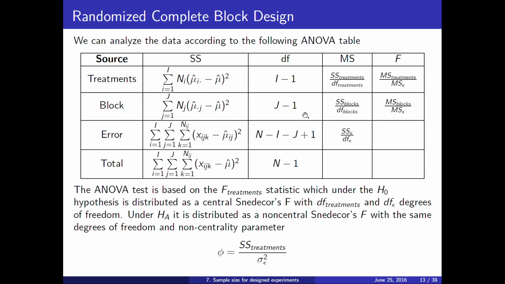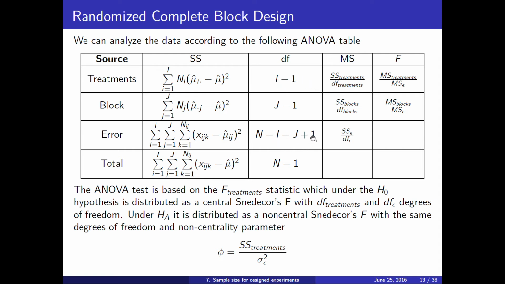And when we compare our treatments to say whether the treatments are significant or not, we compare these mean squares to the mean squares of the errors. So it is this F that we are looking at. So the number of degrees of freedom will be I minus 1 and then these ones.